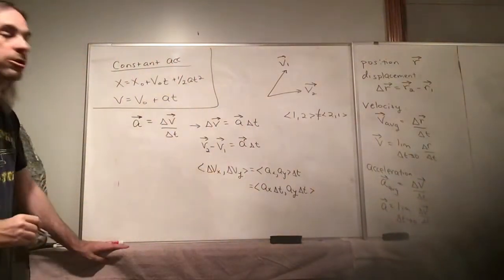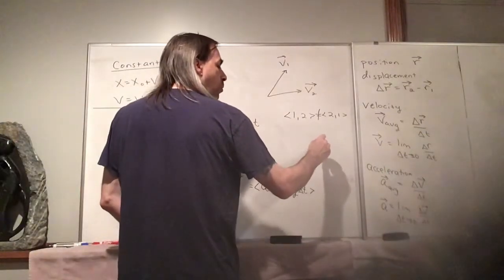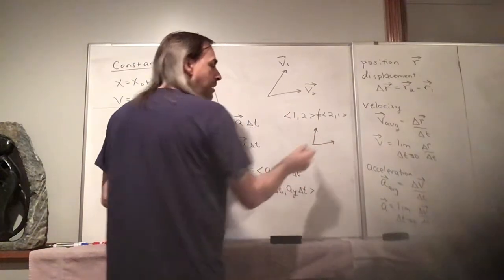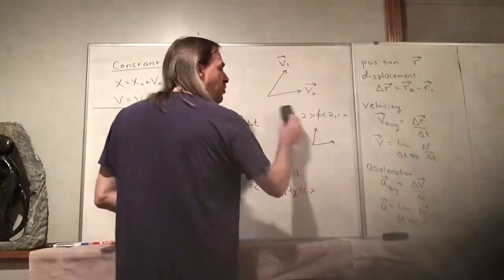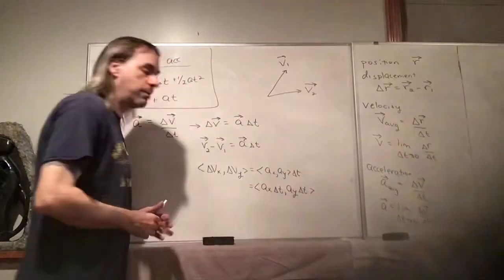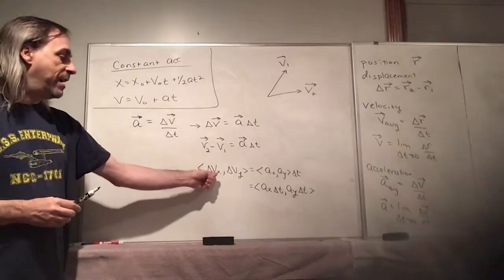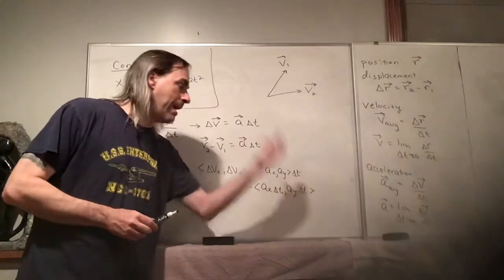So these two vectors are not equal to each other. One of them would go over 1 and up 2. The other one goes over 2 and up 1. These are clearly different vectors. So in order for two vectors to be equal to each other, like we have here, this component equals this component, and this component equals that one.